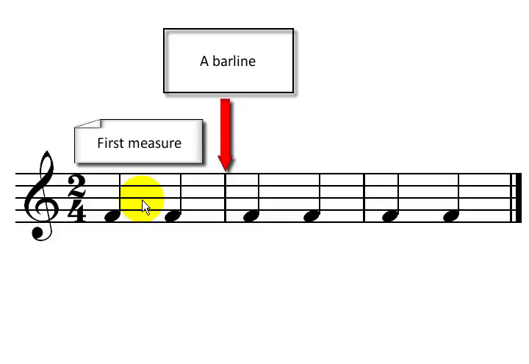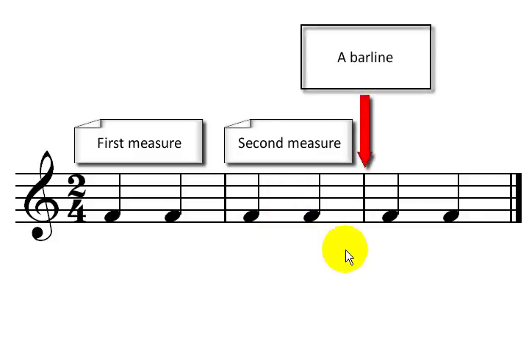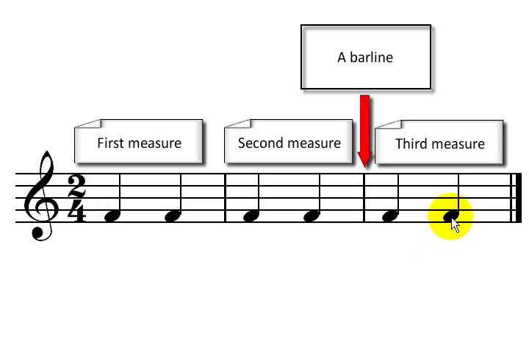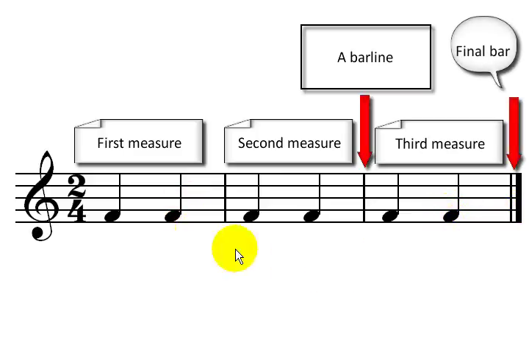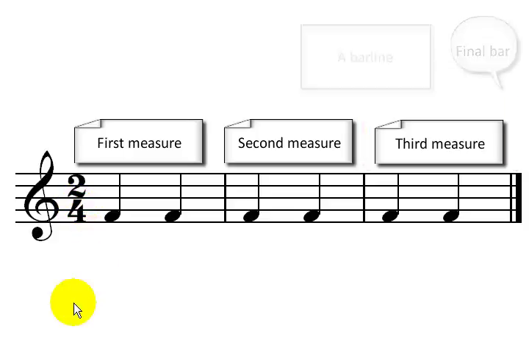And last, we have these 2 quarter notes here, and to the final bar. So we have 3 measures, and in each measure we have 2 quarter notes. Let's take a listen.